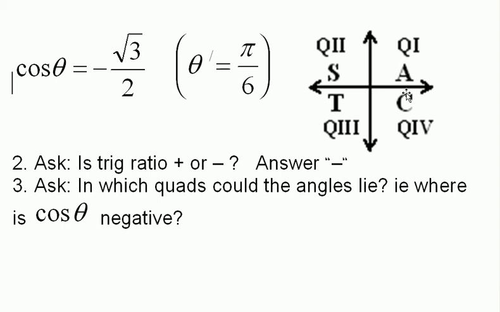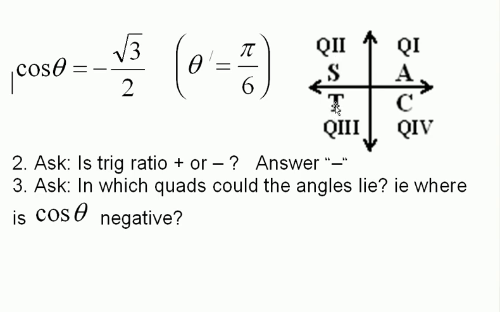So if we look at where cosine is negative, all the trig ratios are positive in the first quadrant. In the second quadrant, sine and cosecant only are positive. So my cosine theta must be negative in the second quadrant. So the second quadrant is one of my answers.